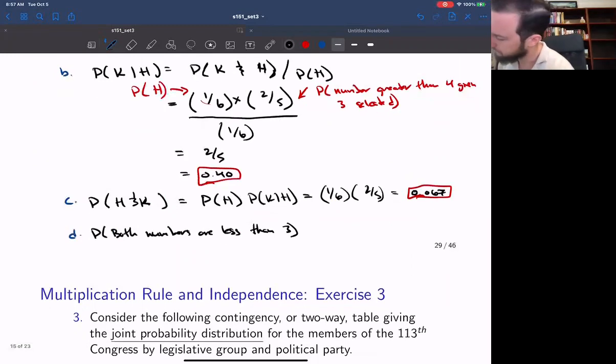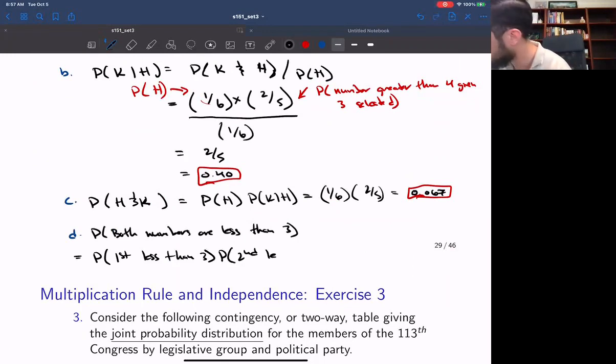So this will be the probability the first is less than 3 multiplied by the probability the second is less than 3 given the first is less than 3.